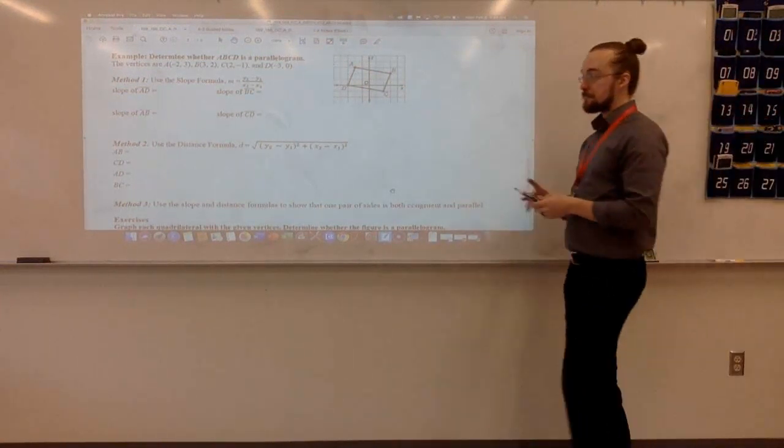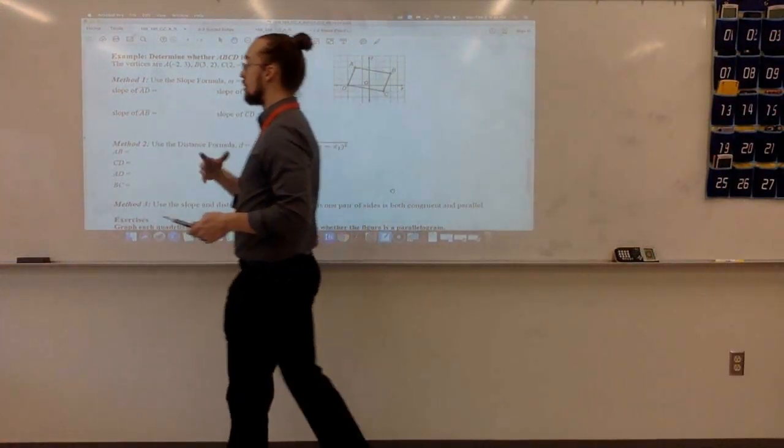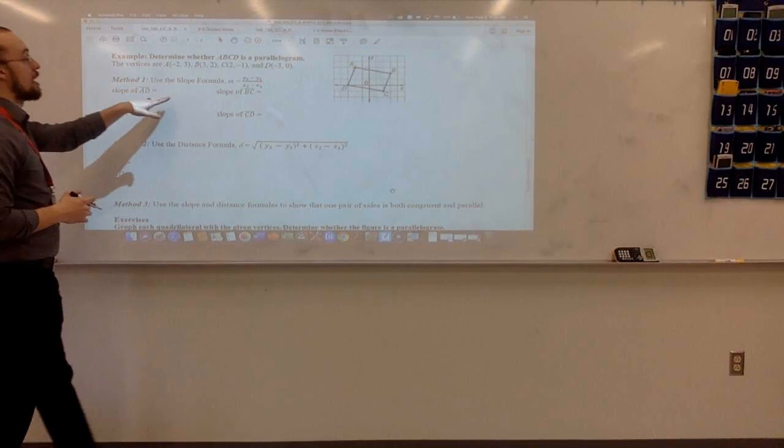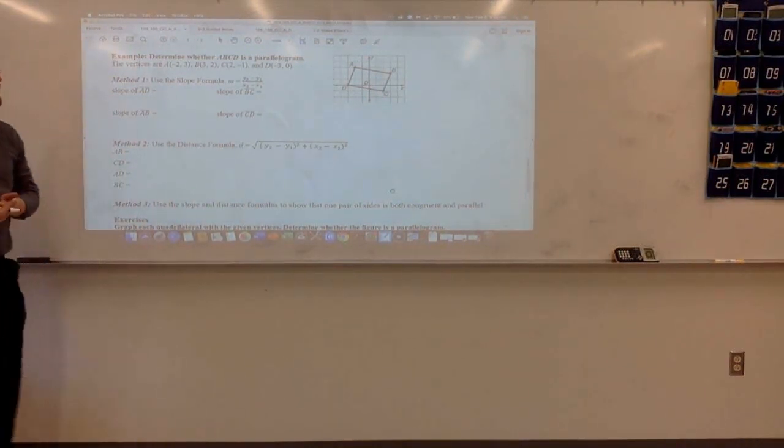The first way we went through together on Friday. We said we want to find the slope of all four sides and see if opposite sides have the same slope. If opposite sides have the same slope, then it is a parallelogram.